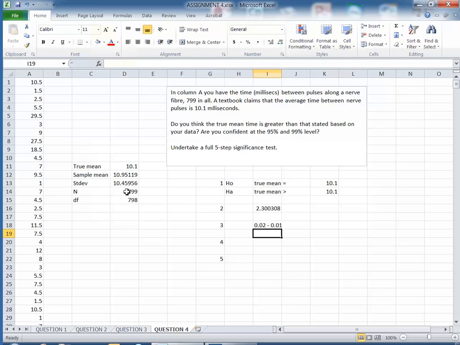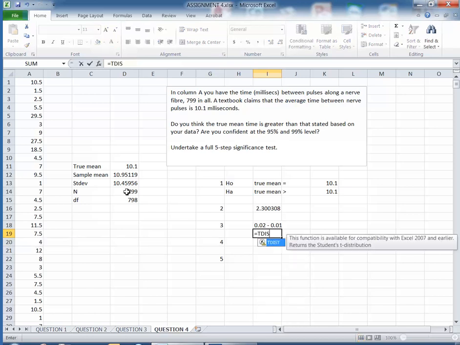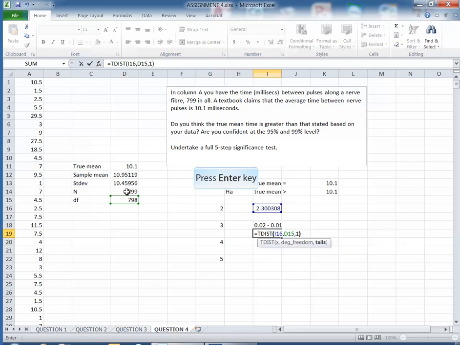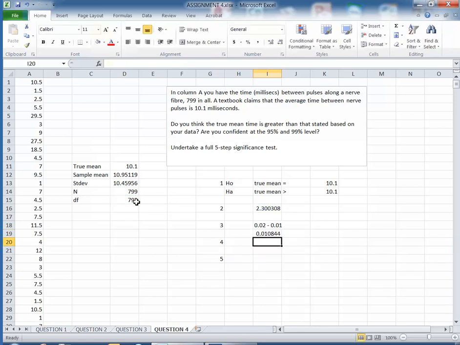We can get Excel to do it for us by doing the t-dist formula, selecting our t value, getting the degrees of freedom, and the number of tails is 1. And that gives us the exact probability of that t-score based on this sample. And it's 0.010844.